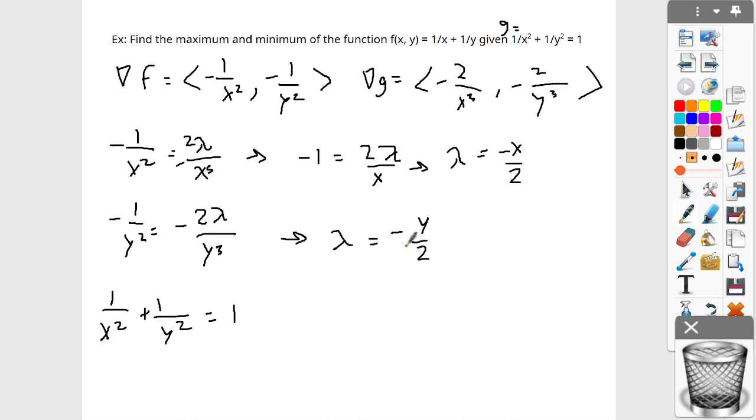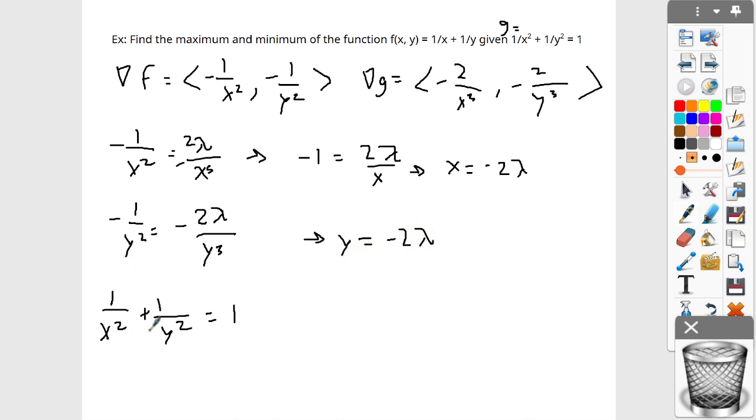It's probably a better idea to solve for x, not lambda. So x is -2 lambda, and that means y is -2 lambda.